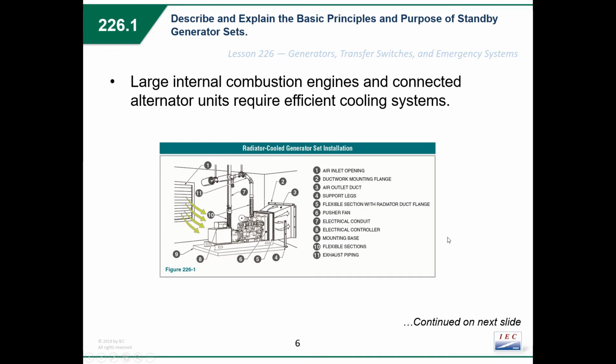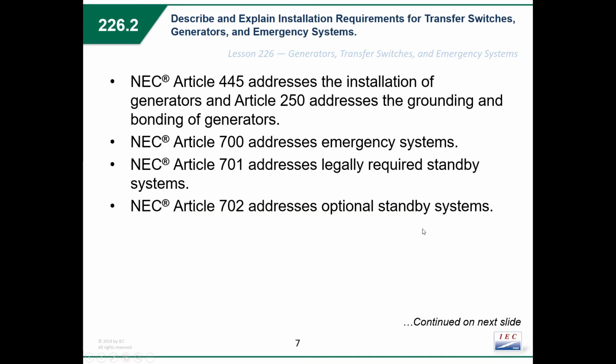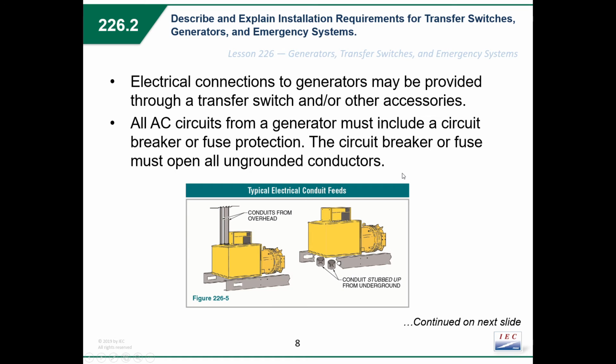But we need to be aware of such things anyway. Article 445 addresses installation of generators in general, and Article 250, of course, we know addresses grounding. Article 700 is emergency systems, 701 legally required standby, 702 optional standby, as we just said. Electrical connection to generators may be provided through a transfer switch and or other accessories. Almost always it's a transfer switch, and we'll talk a little bit more about those in a moment.